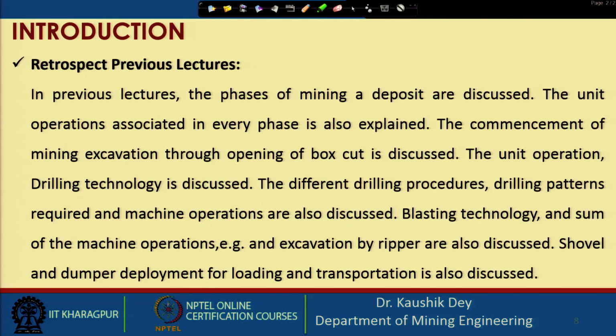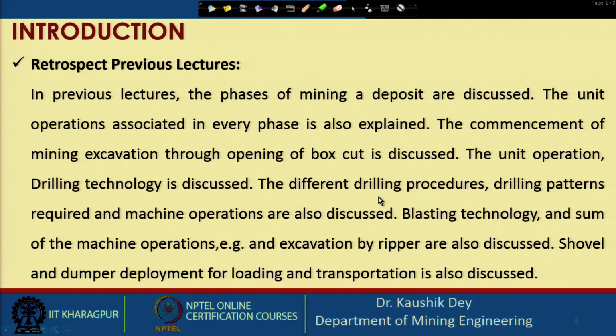Then we have covered excavation by shovel, the truck transportation system and matching of the shovel-dumper combinations. We have also covered the excavation of soft rock material using a ripper. That is also covered in the previous lectures.